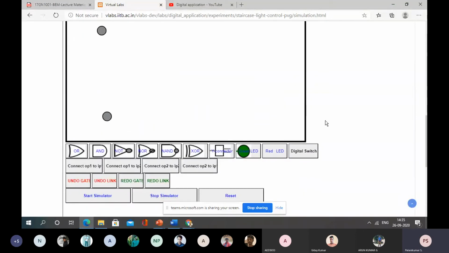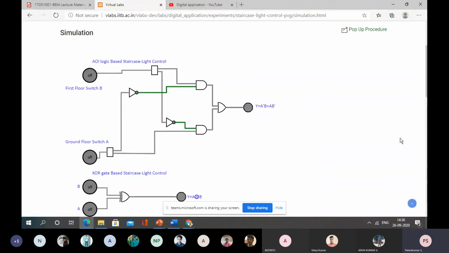Okay, so where are we going to have it? Okay, so in this case, what will happen? I am going to have this one, and I am going to have this one. Okay, after that, I need to have two AND gates.